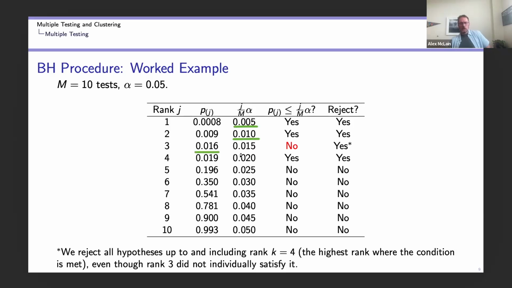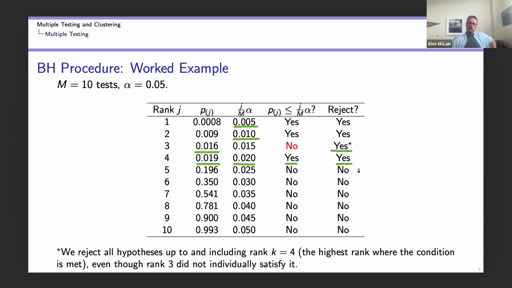So this is where it gets a little bit interesting. The third one is not less, but we actually end up rejecting the third one. Why do we reject the third if it's not less than that particular value? That's because the fourth one is. The fourth one is less than its value, so we reject it.